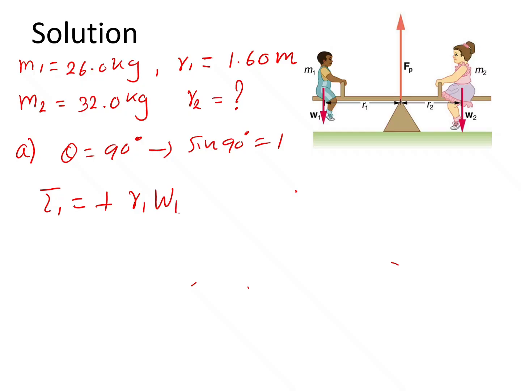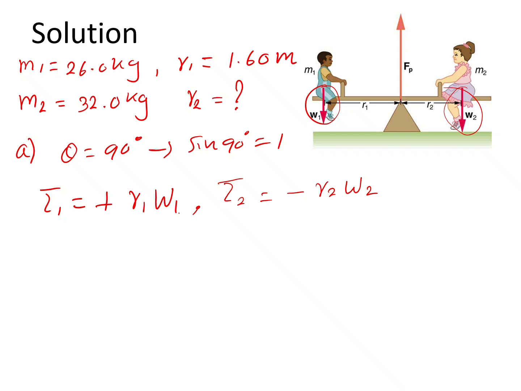Now let's write the torque from the first child, positive R1 W1. If you look at the diagram, the force W1 is trying to rotate this seesaw in the counterclockwise direction. So the torque from that force is positive. And the torque for the second child is negative R2 W2. It is negative because W2 is trying to rotate the seesaw in the clockwise direction.